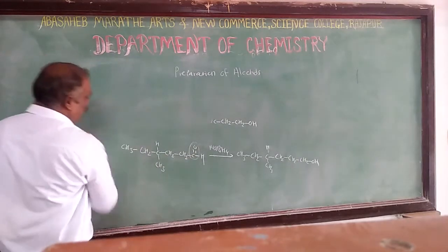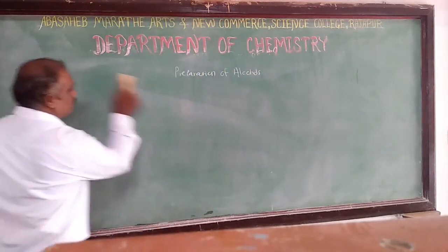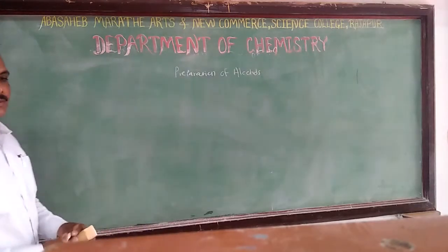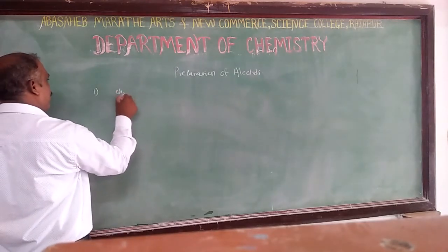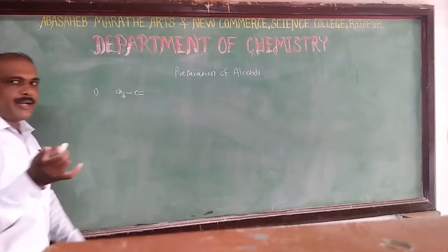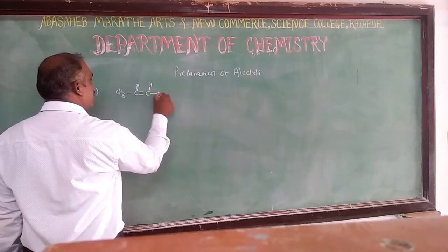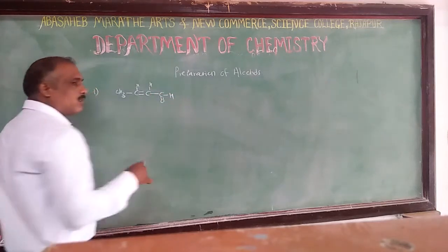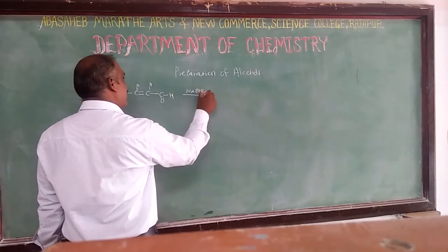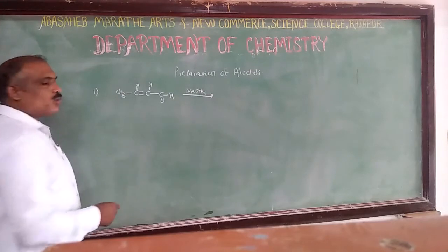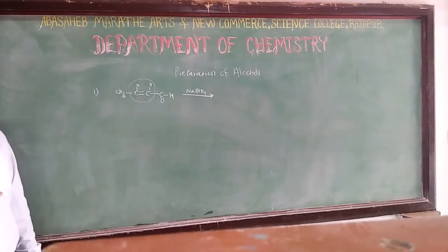Now we see other examples. We have taken another example like this. Sodium borohydride also does not reduce carbon-carbon double bonds or carbon-carbon triple bonds. In this example we use sodium borohydride, which does not affect the carbon-carbon double bond.